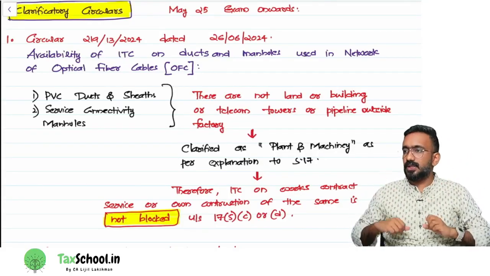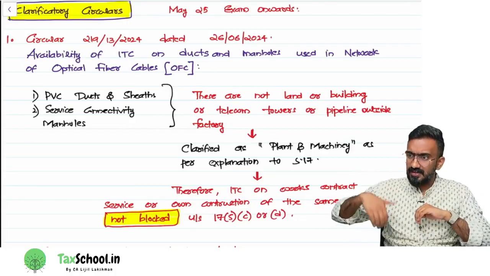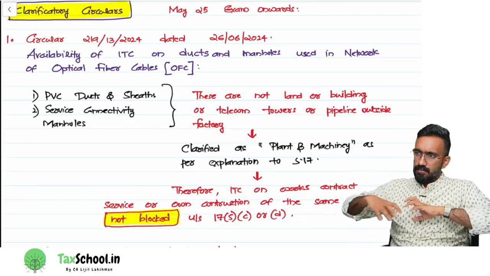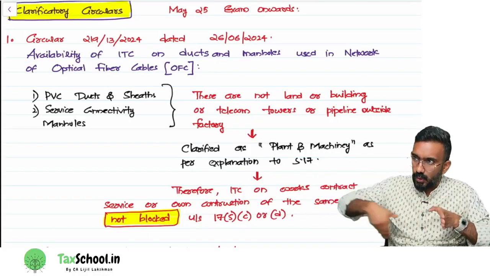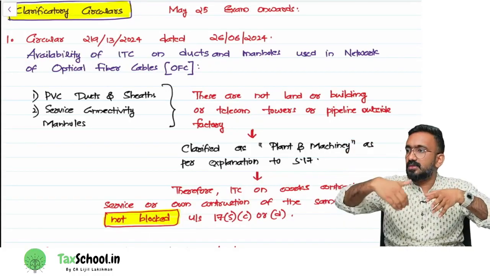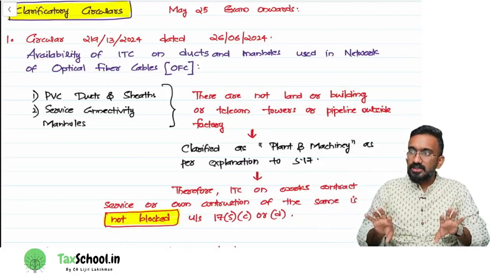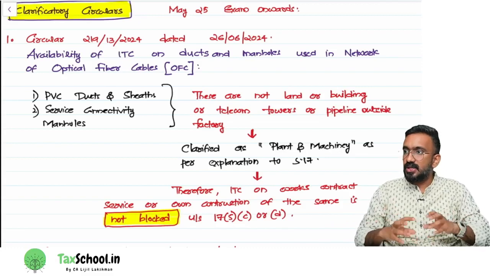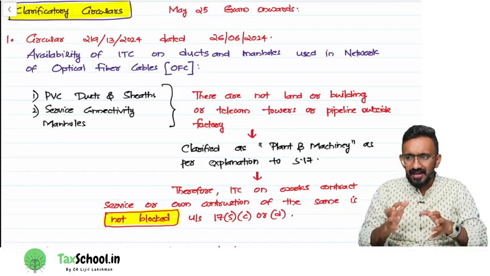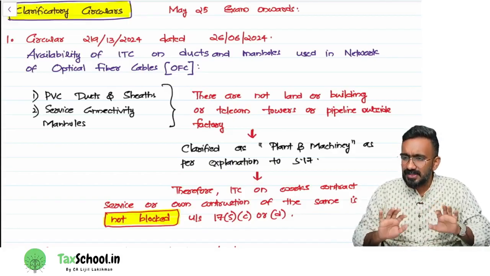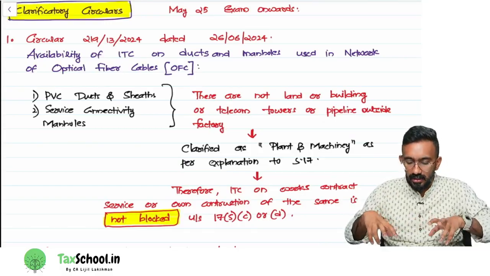So what these companies do is dig service connectivity manholes. After connecting a large part of the wires, they will prepare a manhole, digging holes inside the land, and they will have all the plug points and connections inside those manholes, wherein they connect all the wires together, and then they generally fix a PVC duct so that it works like an underground repair center.